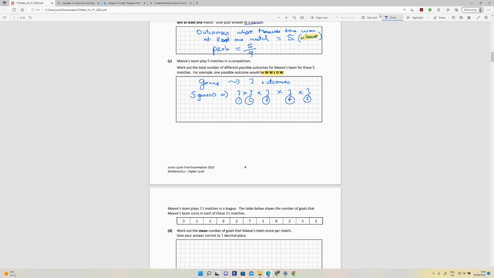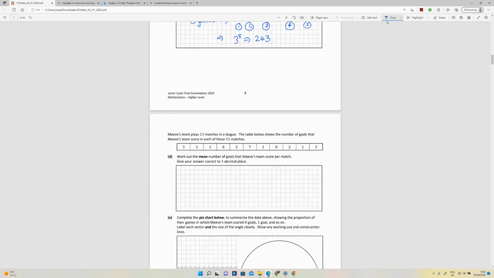So in each case, you're going to have 3 different outcomes for each one. So the answer here then is going to be 3 to the power of 5, which if you do that on your calculator, you will get the answer of 243. So that's the total number of different possible outcomes for Maeve's team where you've got 5 games. Okay, so that's part C.